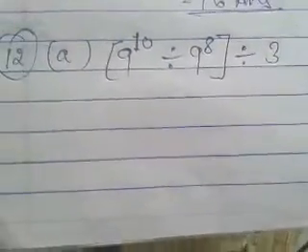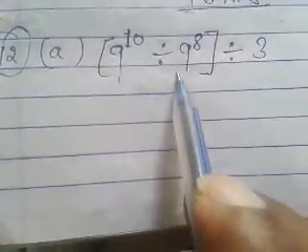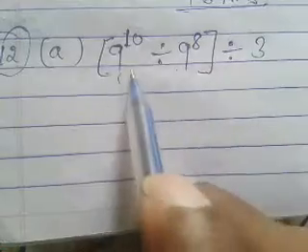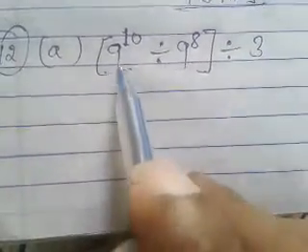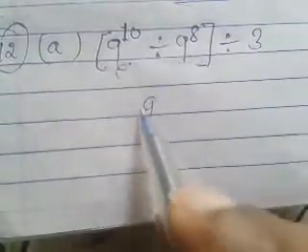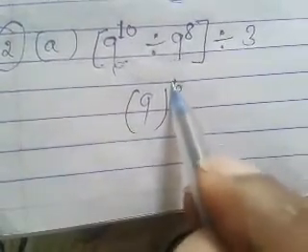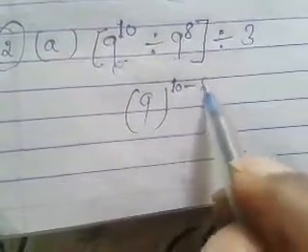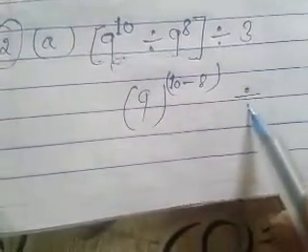Now first of all, solve option number A. See here, within the bracket both are in exponential form having the same base, so in case of division the powers will be subtracted. So we can write 10 minus 8, divided by 3.